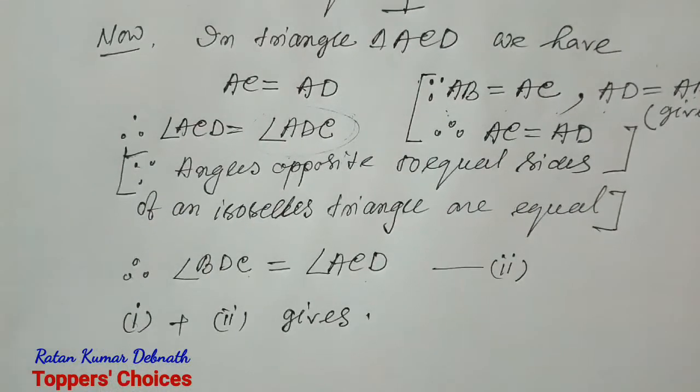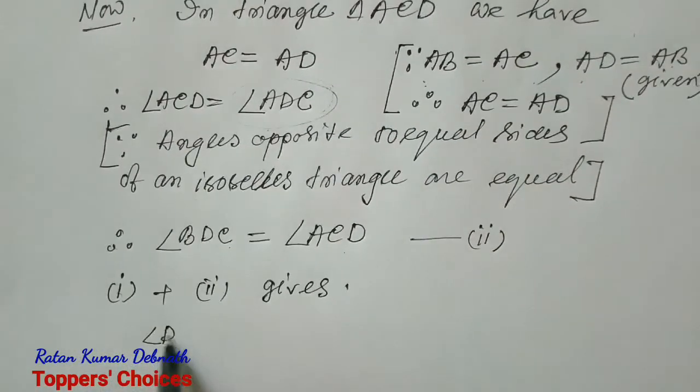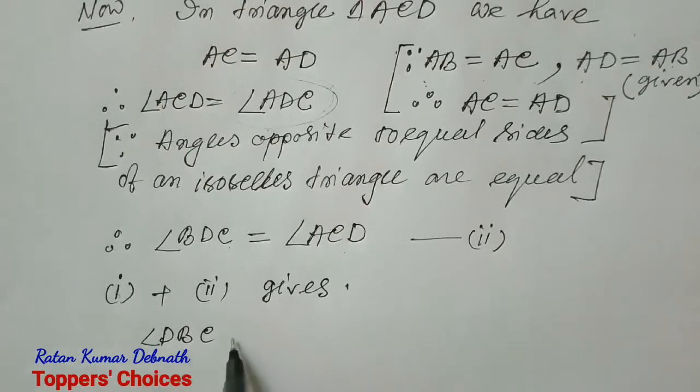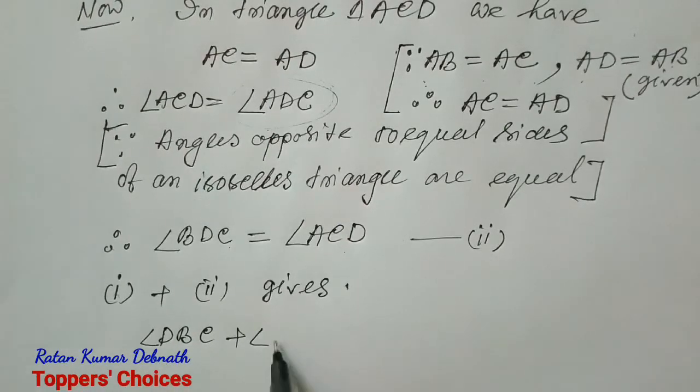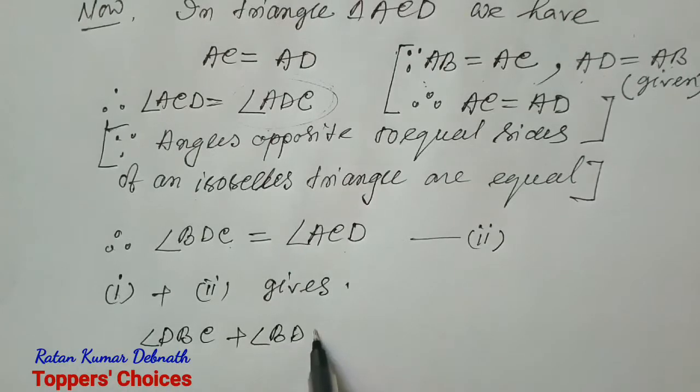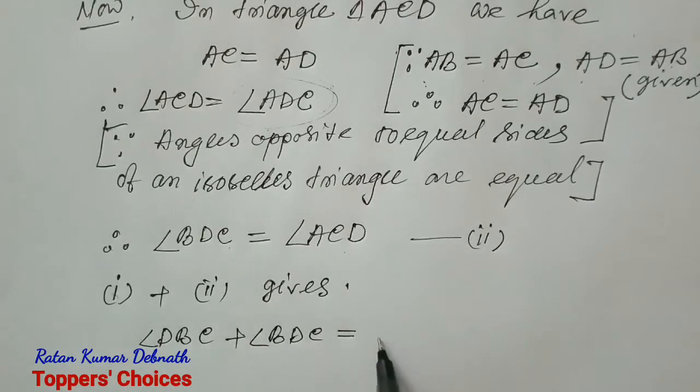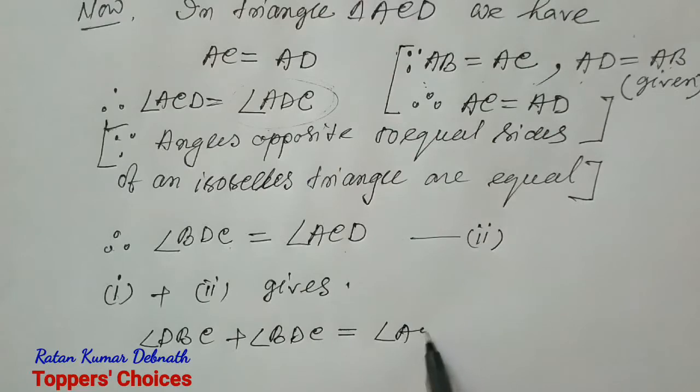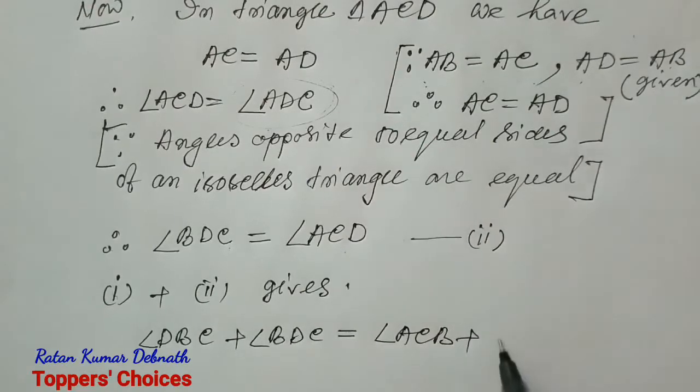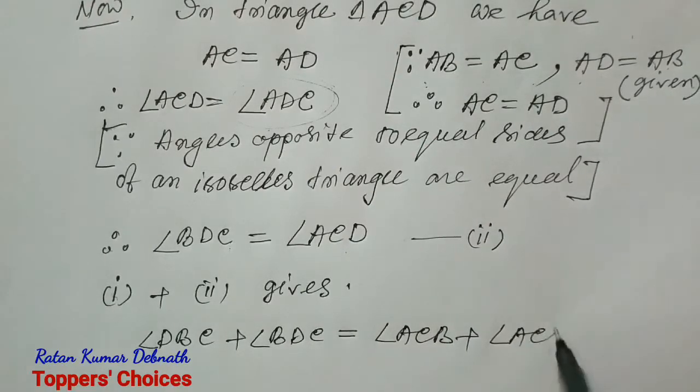Let us add them. DBC plus angle BDC equal to angle ACB plus angle ACD.